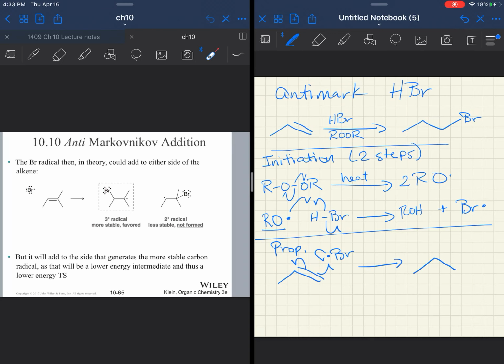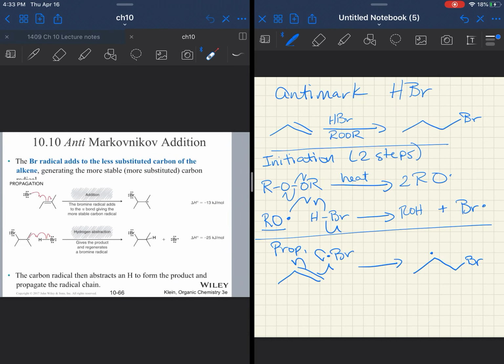And it's going to go to the less substituted side so that the radical that is left behind is the most stable one possible. If the bromine went to the more substituted side, we would have a primary radical instead of a secondary radical, right? So it's all about stability of that intermediate.